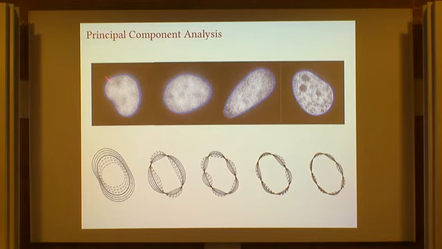And so these are shapes of cell nuclei. So the collection of 87 cells. And we perform the analysis using one of these Sobolev metrics, a second order Sobolev metric of the same family I showed before. We calculate the mean shape, and the mean shape is here in bold. And what you see here are the principal directions, principal modes of variation.